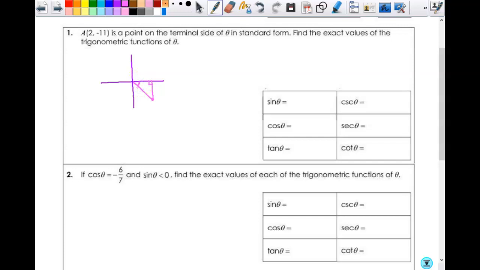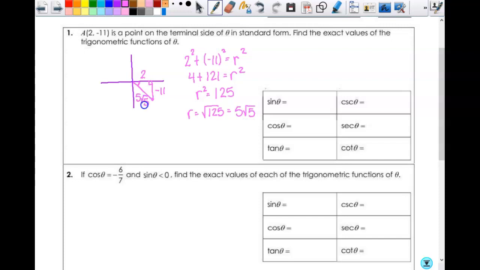Right, so then I'm going to label it, this is 2, and this is -11. So I need to find the radius, which means I do the Pythagorean theorem. So 2 squared plus (-11) squared equals r squared. This is 4 plus 121 equals r squared. r squared equals 125, which means r equals the square root of 125, which is 5√5.